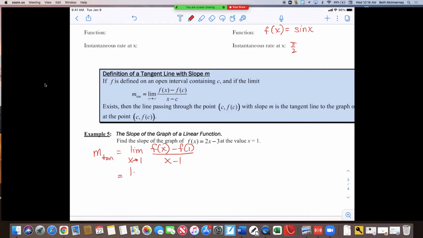So let's tidy this up. F of x is 2x minus 3. And if you need to, do f of 1 off to the side. What's f of 1? Negative 1.